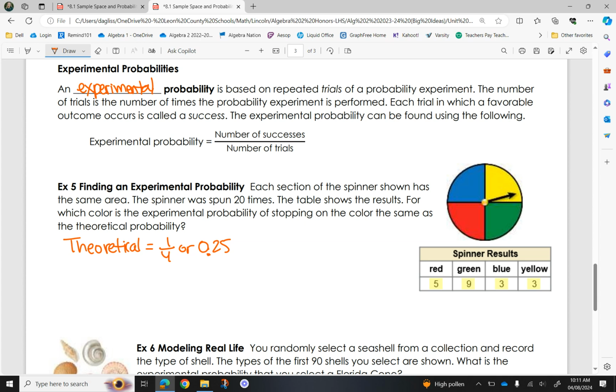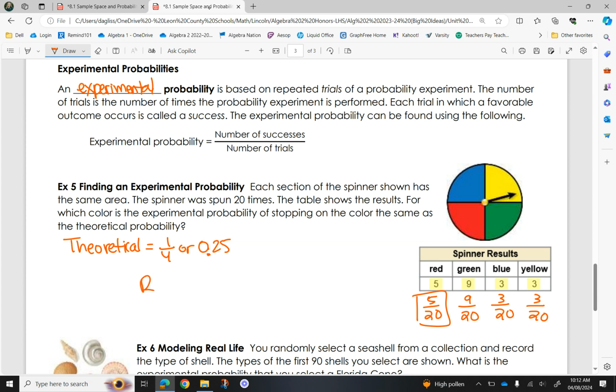They spun it 20 times, and this table shows me the result. So red got 5, green got 9, blue got 3, yellow got 3. Which one of those is the same as the theoretical probability? Red. Good, because that's 5 out of 20, right? 9 out of 20. 3 out of 20. 3 out of 20. 5 out of 20 simplifies to 1 over 4 or 0.25.